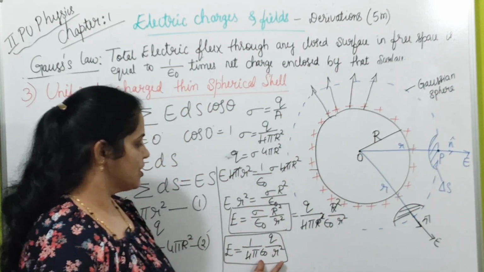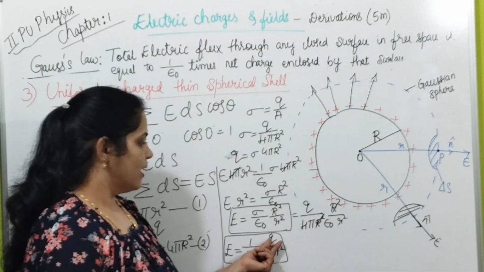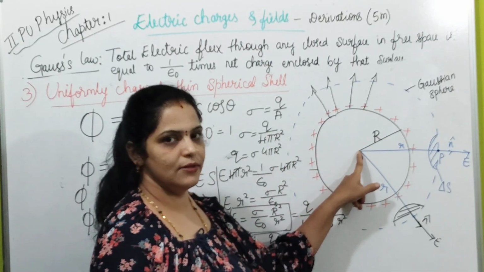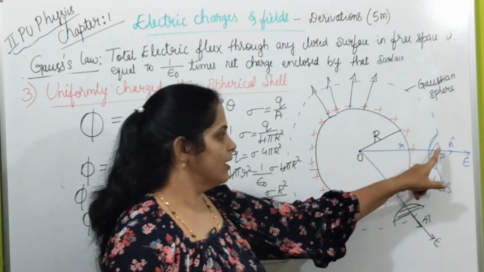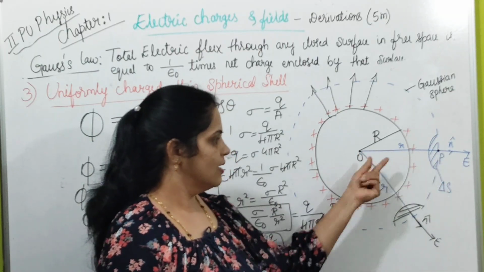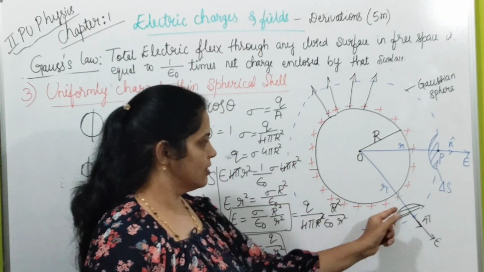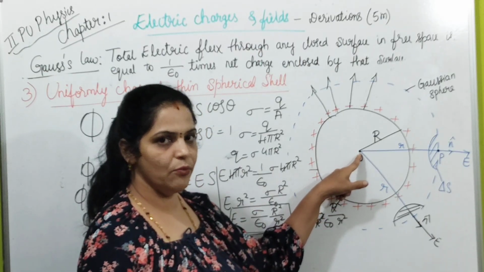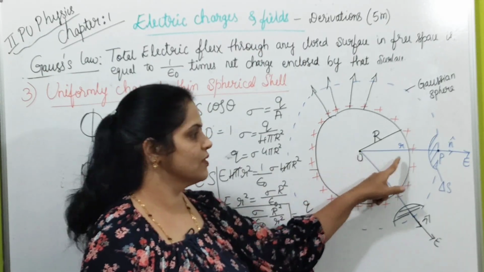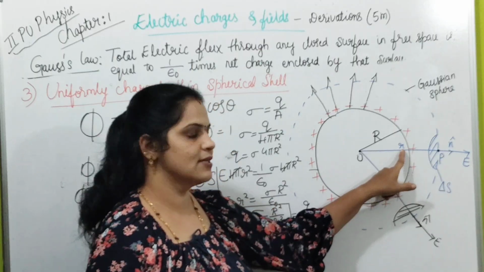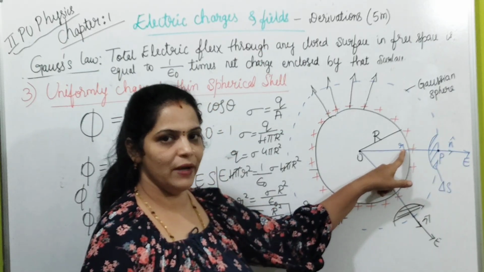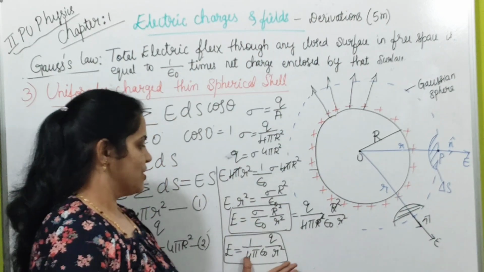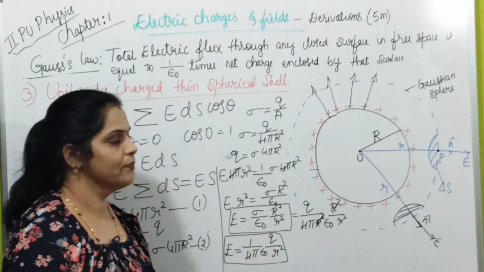So from this equation it is clear that the entire charge is assumed to be concentrated at the center. So if I consider a point charge here, what is the expression for electric field at a distance r? It is 1 by 4 pi epsilon naught Q by r square. So the same expression we got here, right?